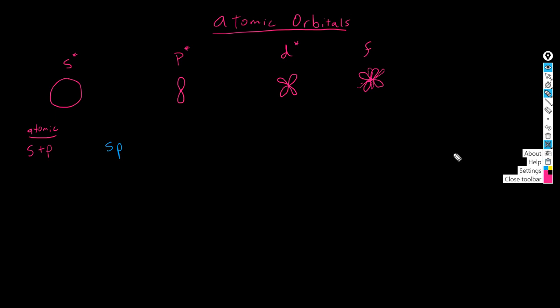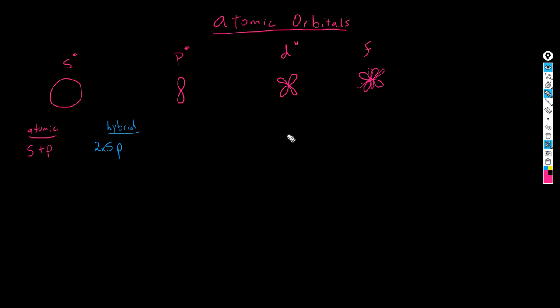These are the hybrid orbitals. So if we combine one s orbital and one p orbital, that's a total of 2 atomic orbitals, they will create 2 sp hybrid orbitals. What does that look like?